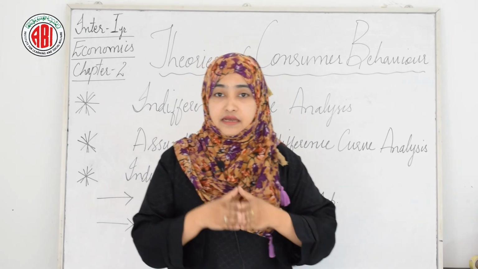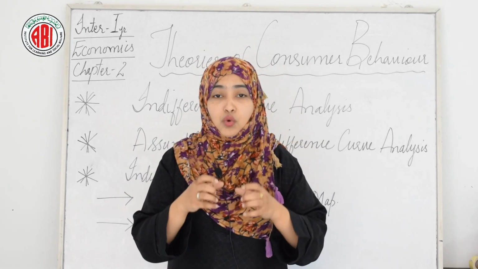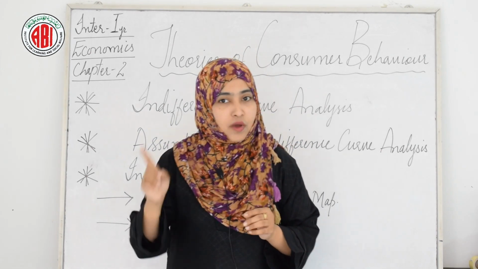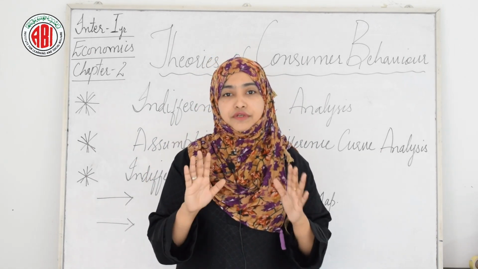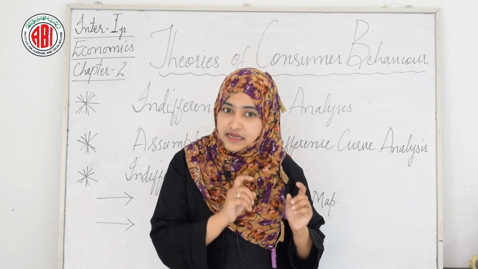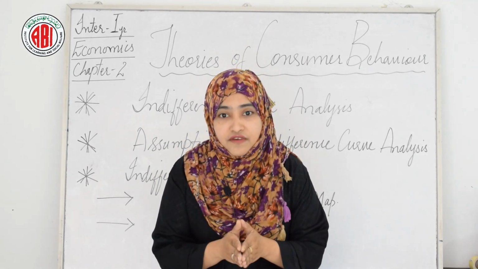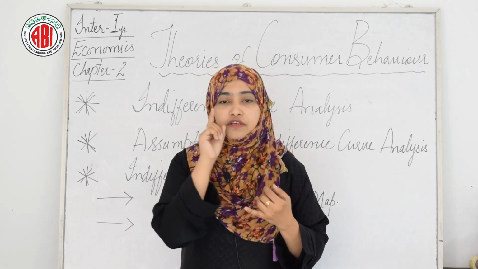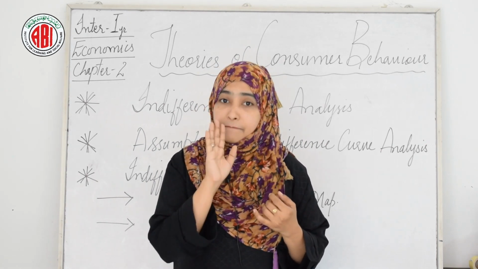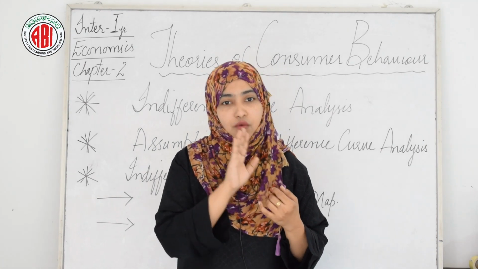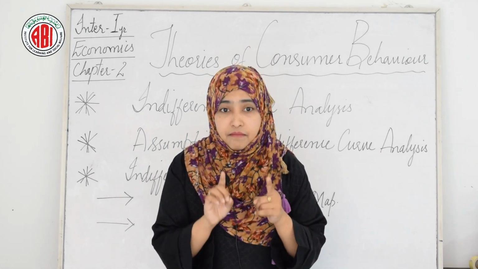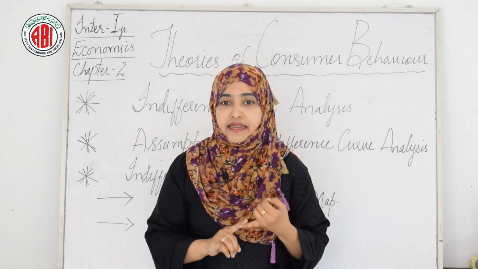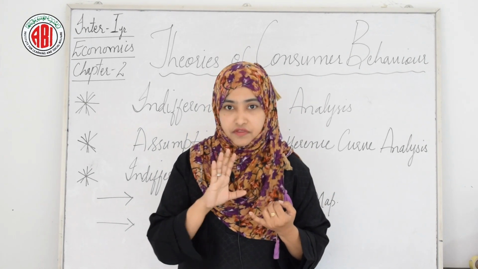This table shows 5 combinations of two goods, X and Y, which give the same utility, say Z. Here the consumer's satisfaction from the first combination, that is 1 unit of X plus 15 units of Y, is the same as that of the other combinations, that is the second, third, fourth and fifth.